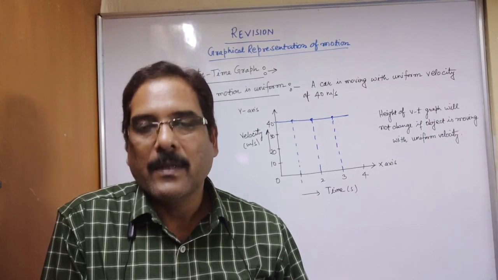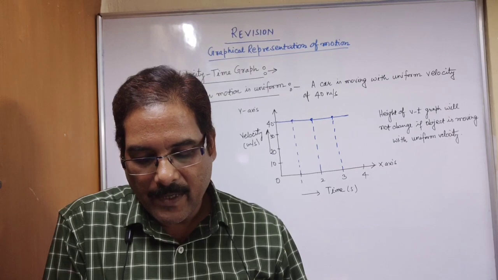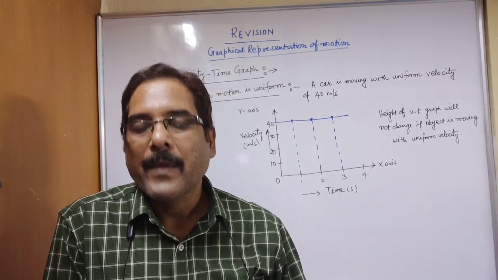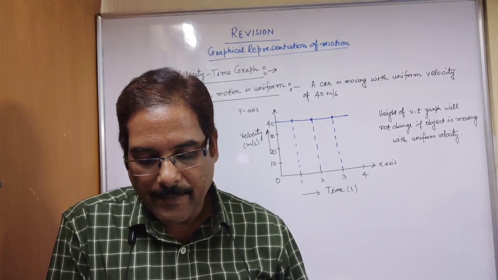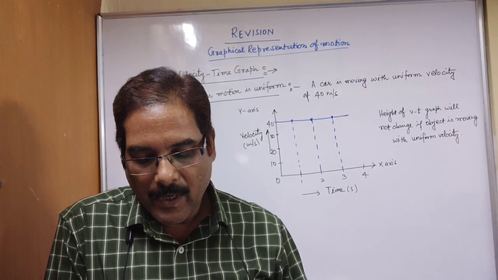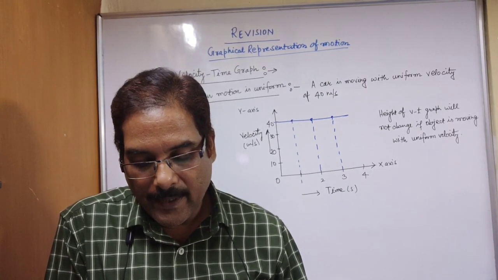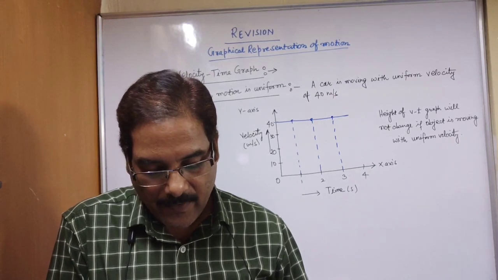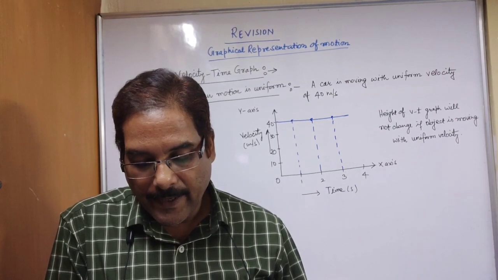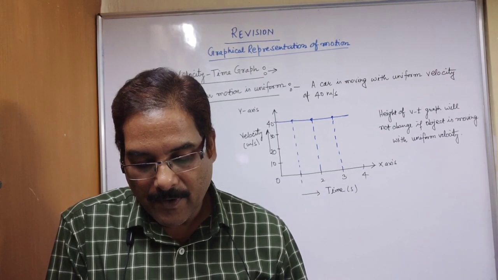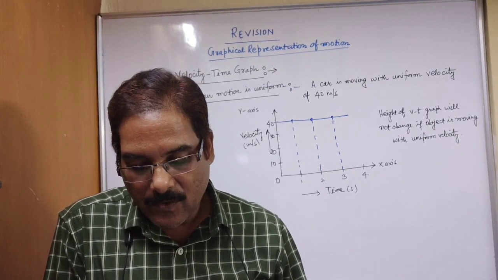Now I am reading further, right side second paragraph. We know that the product of velocity and time gives the displacement of an object moving with uniform velocity. The area enclosed by the velocity time graph and the time axis will be equal to the magnitude of the displacement. To know the distance moved by the car between time t1 and t2, using figure 8.5, draw perpendiculars from the points corresponding to the times t1 and t2 on the graph.